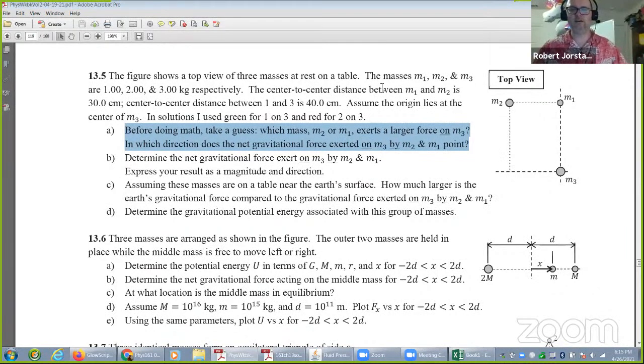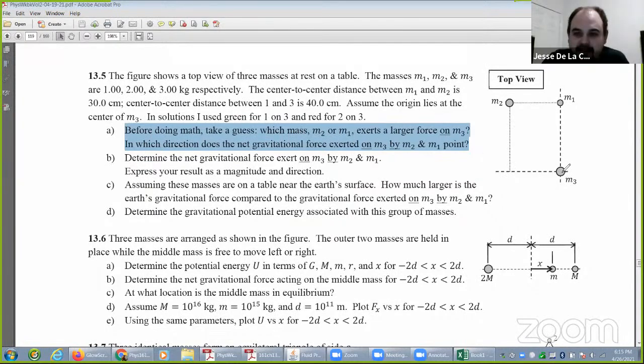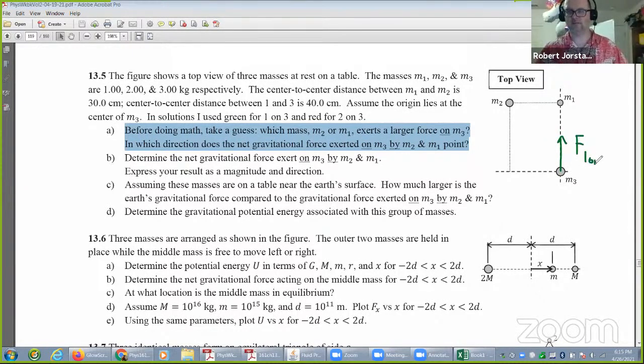So now, what direction is the net gravitational force? To figure that out, let's draw the forces on 3. What direction is the force that 1 exerts on 3? From the center of mass up to M1. Yeah, so that's the force of 1 on 3, right? Up.